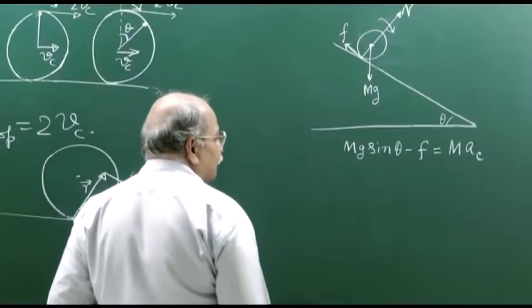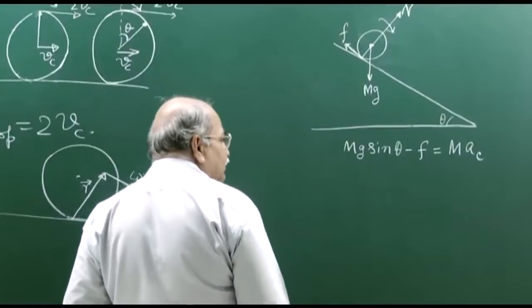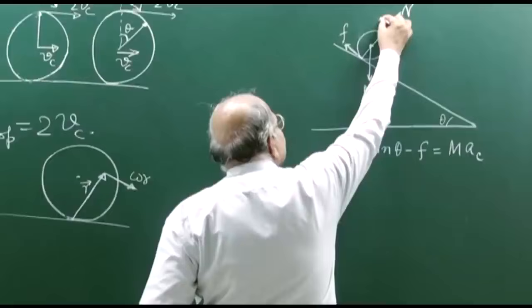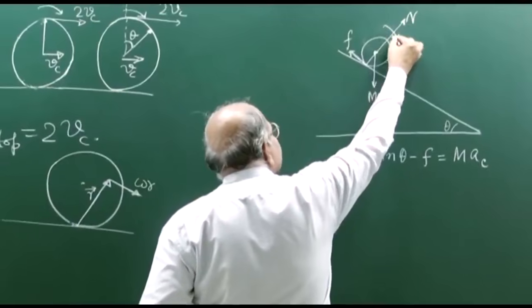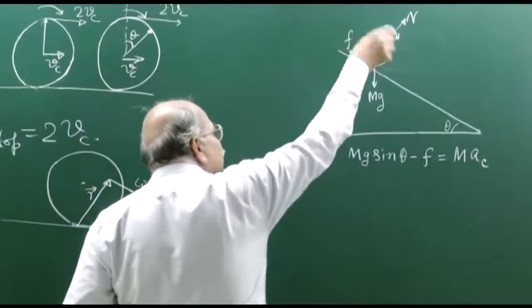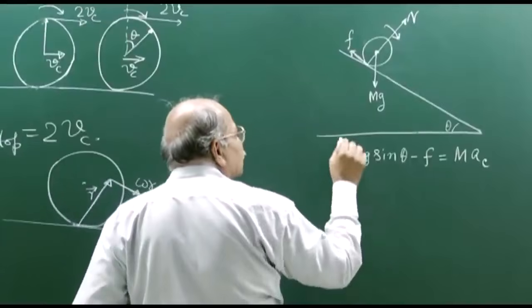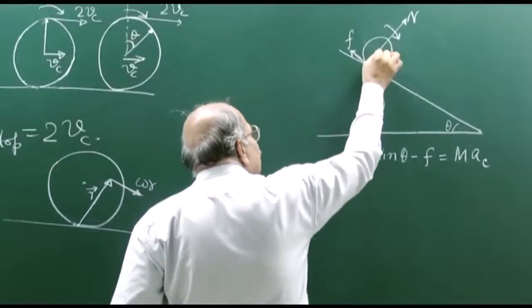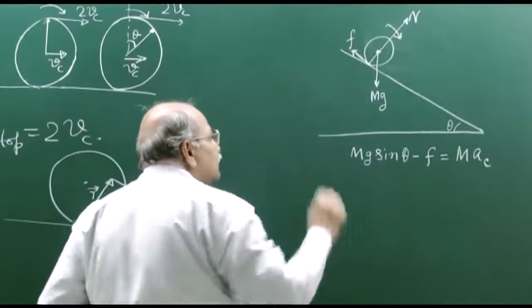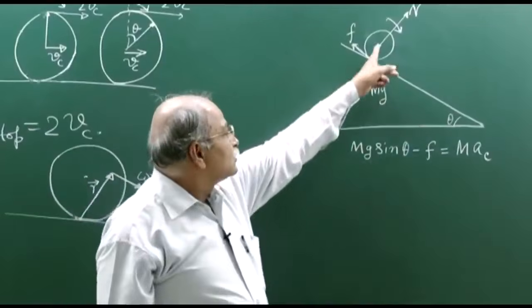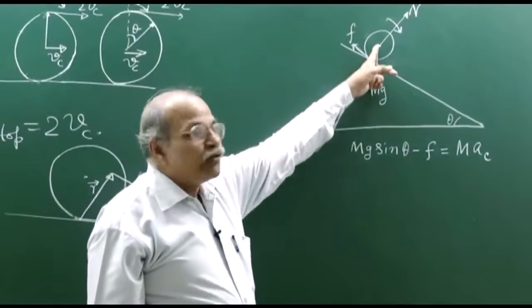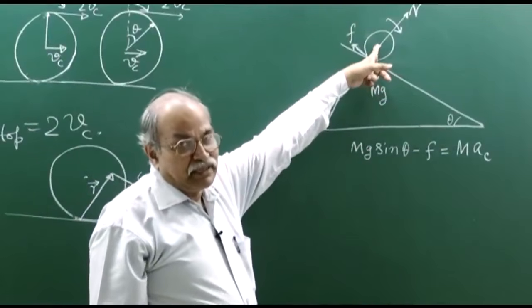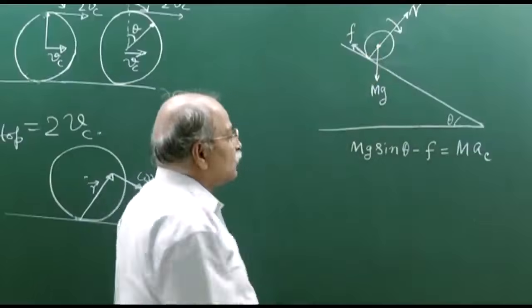But then what is this f? To get that, you have to also look at the angular acceleration or angular motion and consider the torque about the center of the ball. So, the torque of mg will be 0 because it passes through the center.